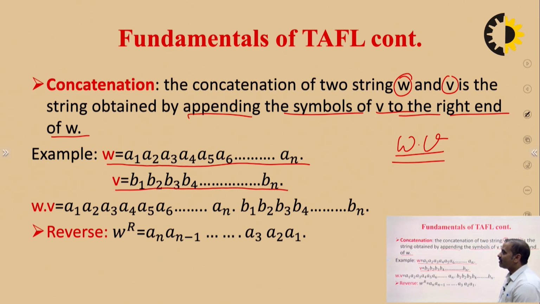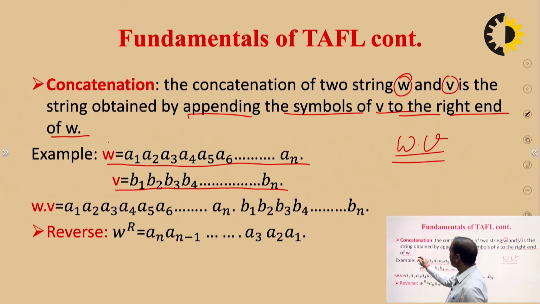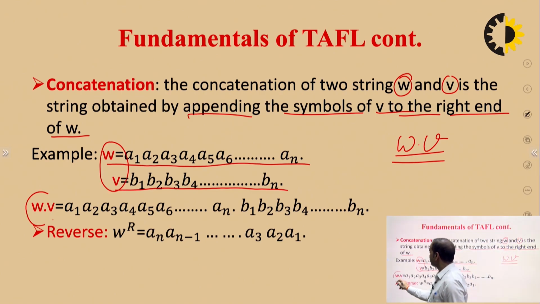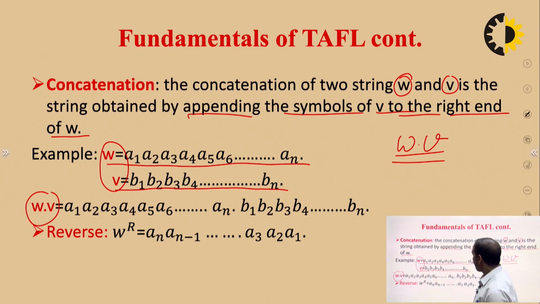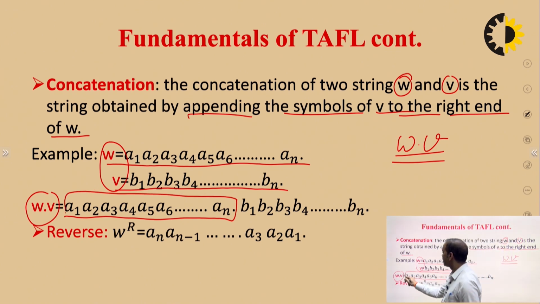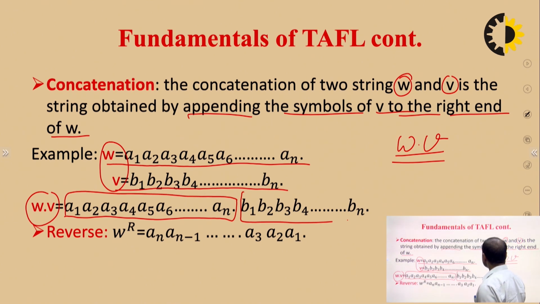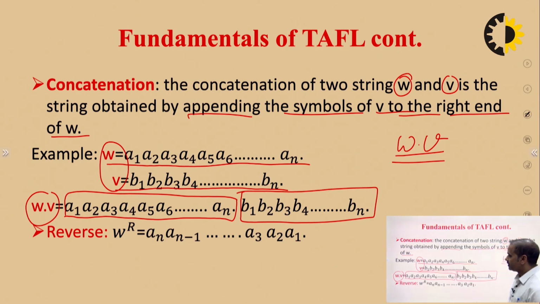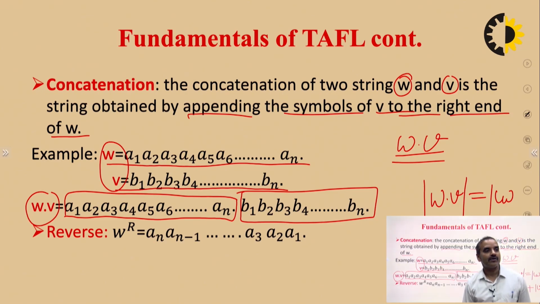We want to concatenate these two strings W and V. Then we write W dot V, and the output of W dot V is, first, the sequence of W, then the sequence of V. We can also find the length of W dot V: the length of W dot V equals the length of W plus the length of V. By using this formula, we calculate the length of W dot V.